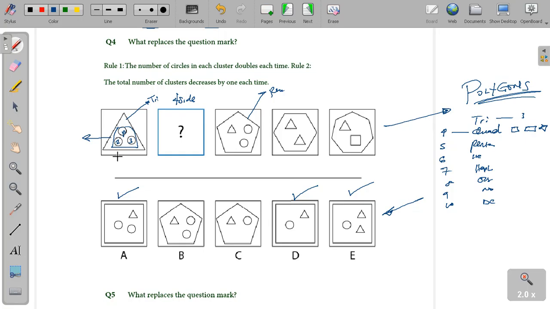Because it's a circle. I can't really hear you clearly. Your microphone, I can't really hear you clearly.